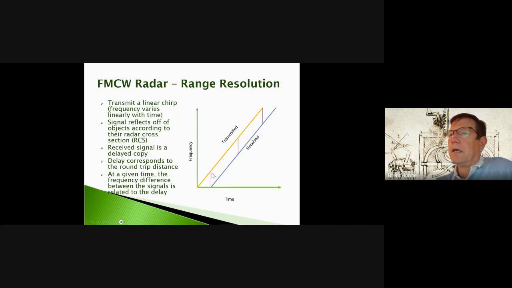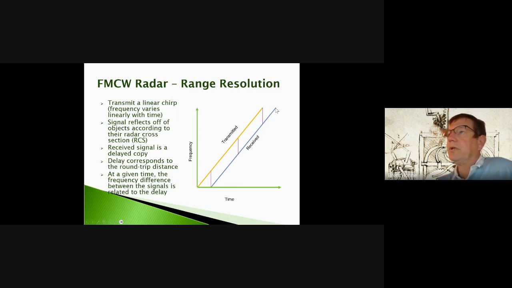And since these are linear chirps, if we're ignoring any Doppler effects, the frequency doesn't change with respect to where it is within the chirp, right? So it changes, of course, with time, but this initial point is the same frequency as it was here.